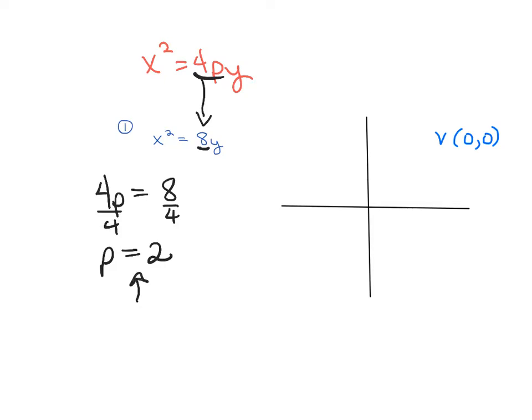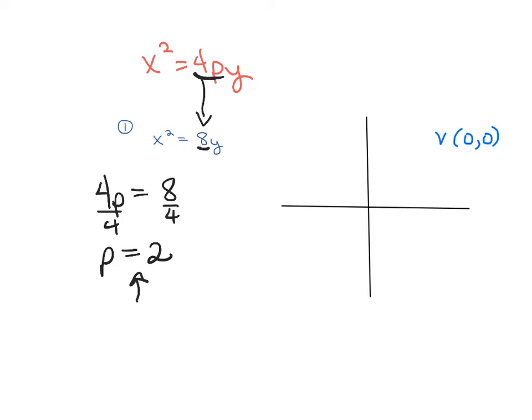This p-value is going to be the distance away from the vertex that our focus point is going to be, and our directrix, which again is going to be a line. When you're doing the homework, they're going to ask you to find the p-value.